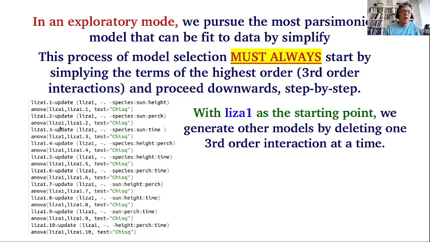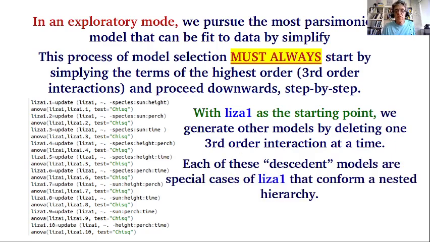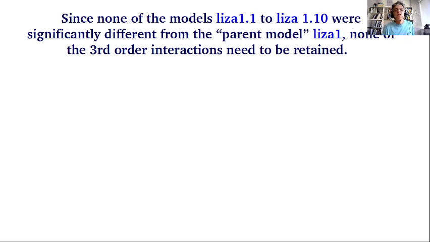I compared the original model with the descendant model with the Wilks test, and I proceeded likewise for the 10 third order interactions, comparing each model that is a special case of Lisa 1 with the parent model. It turns out, I'm not showing it here, but you can see it in the book, that none of the models from Lisa 1.1 to Lisa 1.2 were significantly different from the parent model Lisa 1, and therefore none of the third order interactions need to be retained.